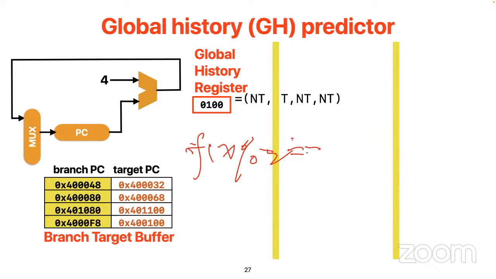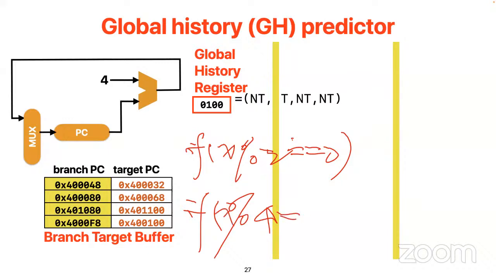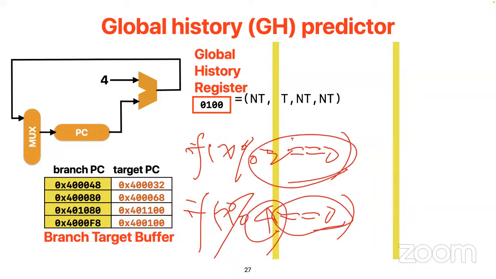So if I have an if statement saying that x mod 2 equal to 0, and another if statement saying that x mod 4 equal to 0, right? And you know, if something mod 4 must be equal to 0, it must be equal to 0 when it's mod 2, right? Because these are correlated.